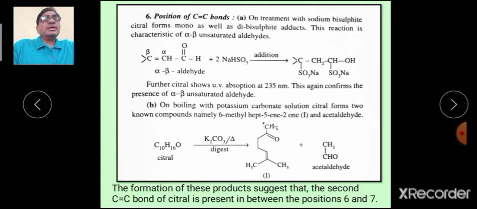Thus the positions of the two double bonds are located.